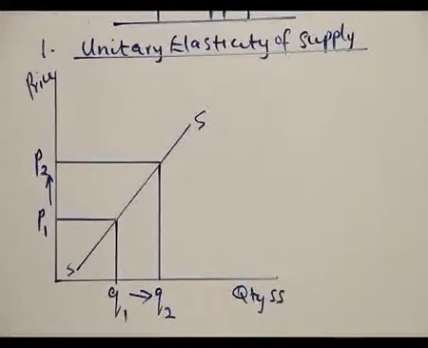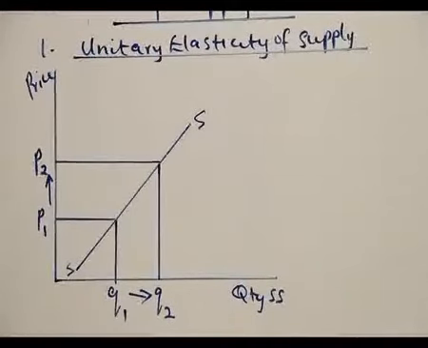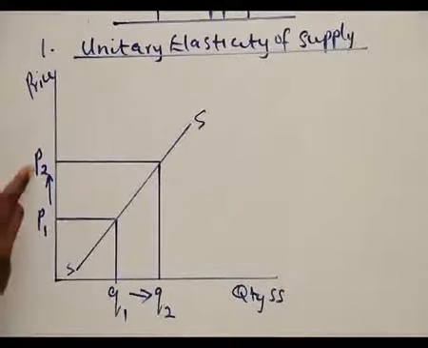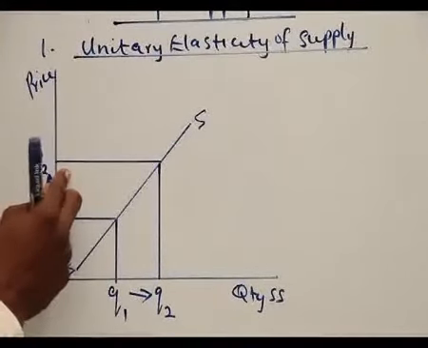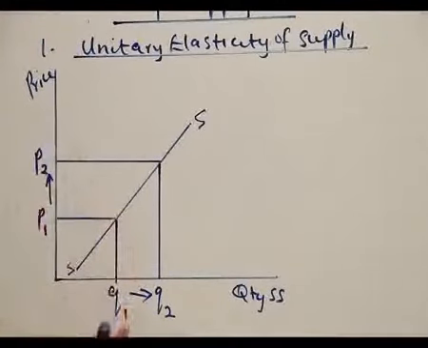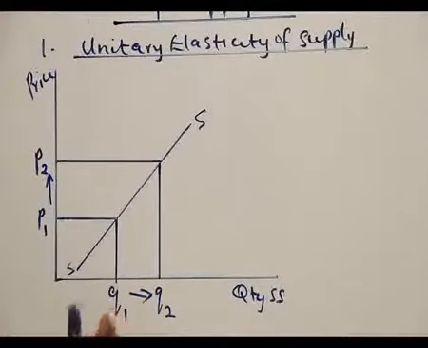If it is unitary, it implies that the percentage change in price from P1 to P2 is the same as the percentage change in quantity supply from Q1 to Q2.